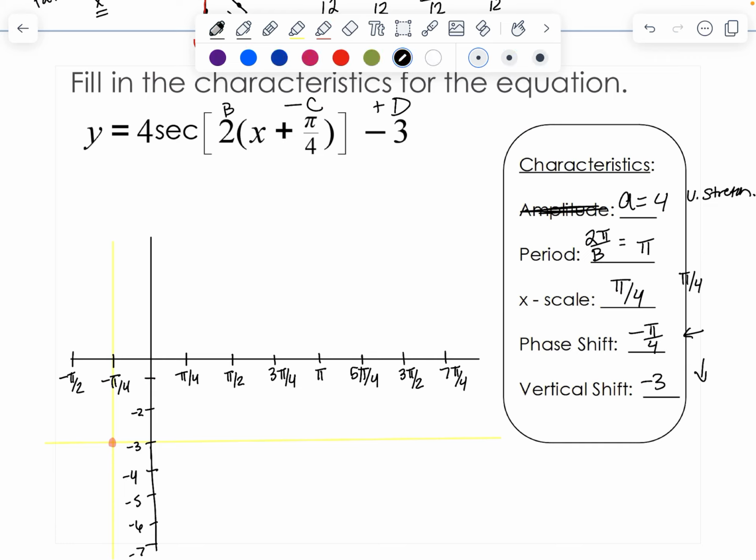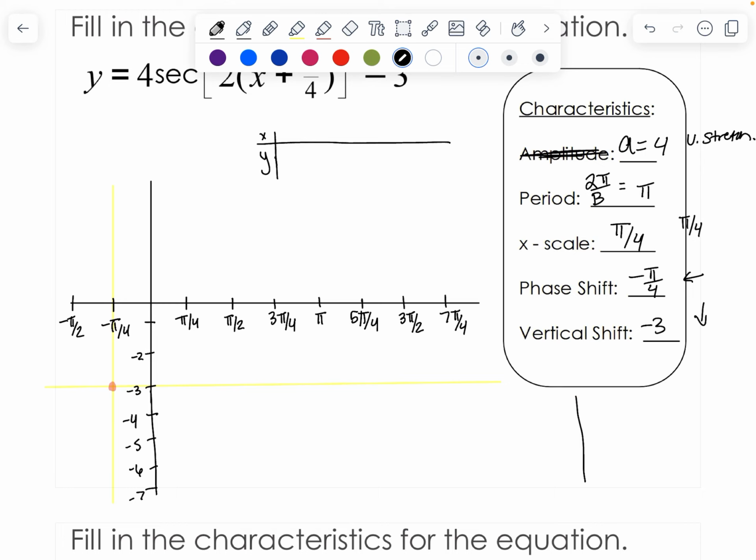Now, the easiest way to graph secant is to graph cosine first. So for cosine, I can use my unit circle again. Remember, cosine is the x coordinates on the unit circle. So 1, 0, 0, 1, -1, 0, 0, -1.